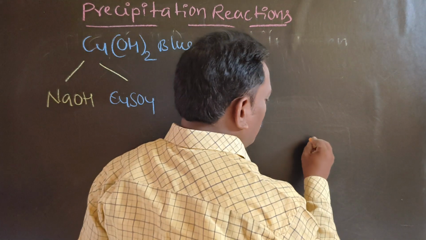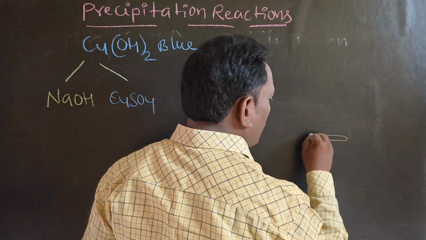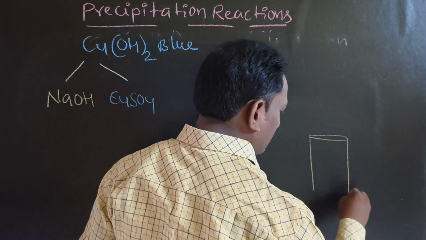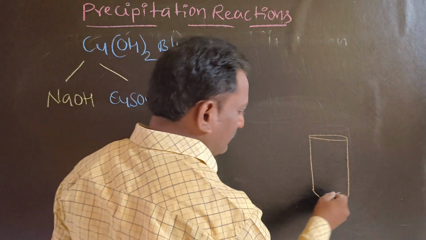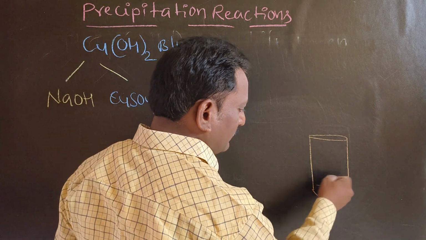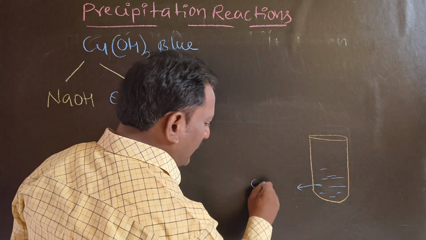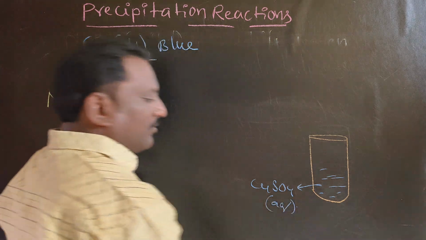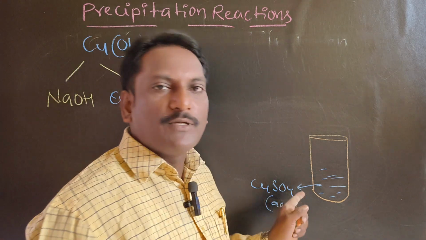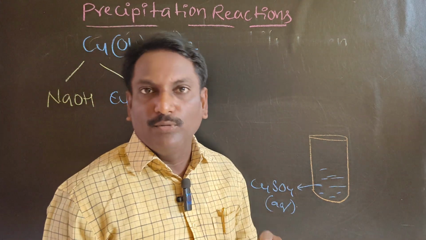Take a few ml of aqueous solution of copper sulfate in the beaker or test tube as shown in the figure. This is a copper sulfate aqueous solution. What is another name of copper sulfate? Blue vitriol.